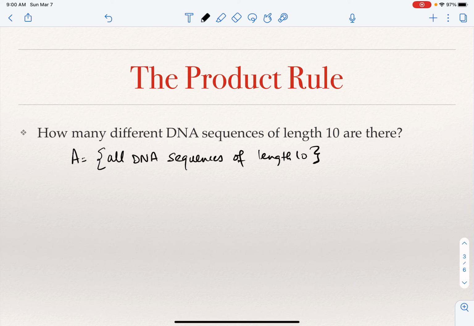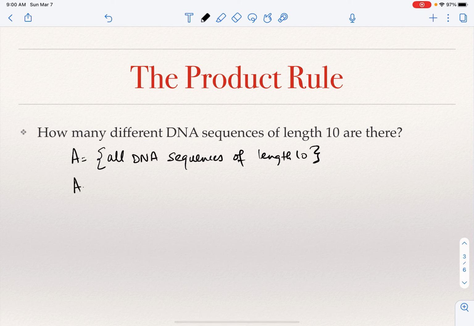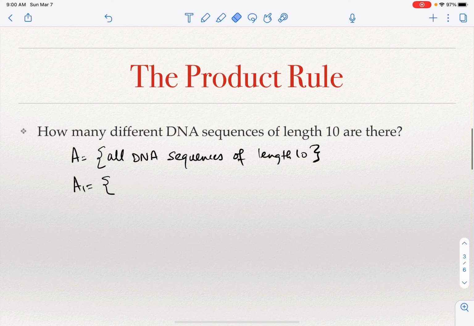So I can write this as follows. Let A1 be the set of all possible DNA letters.